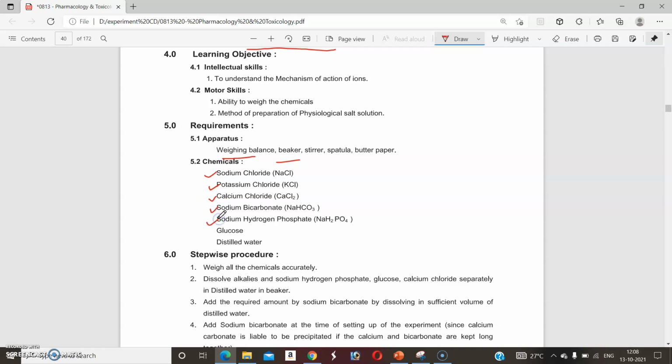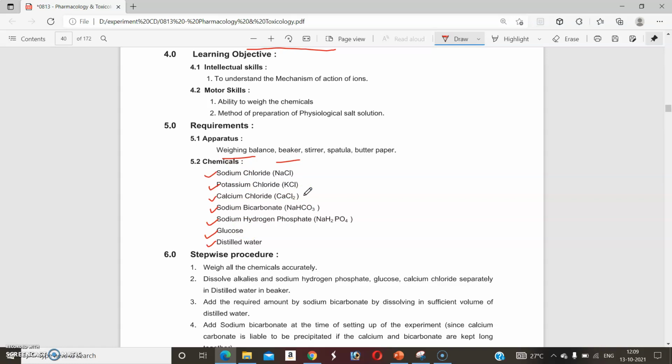Fifth is sodium hydrogen phosphate. Number 6, glucose. Number 7, distilled water. These are the basic chemicals required to prepare this physiological solution. Remember always, every chemical has a different role in that physiological solution.